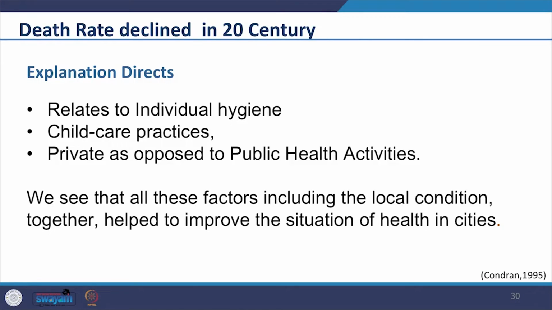We also see that explanations point to reasons relating to individual hygiene and childcare practices, private as opposed to public health activities. We see that all these factors, including the local condition, together helped to improve the situation of health in cities. So, we also see social theory playing a part here.